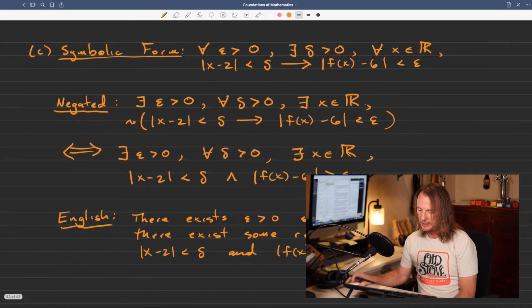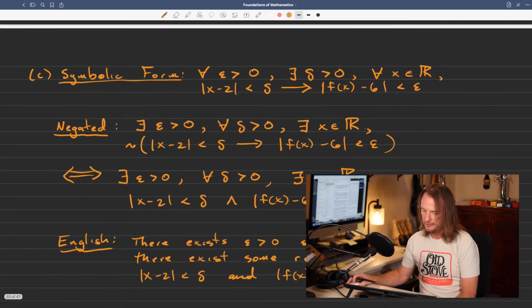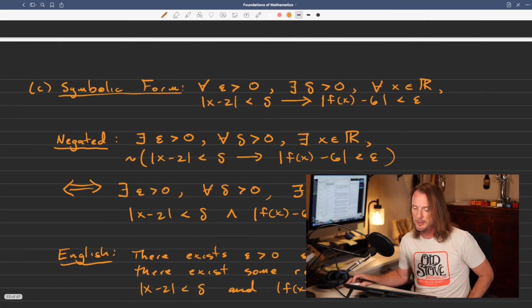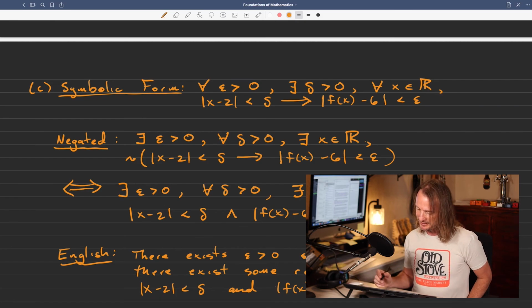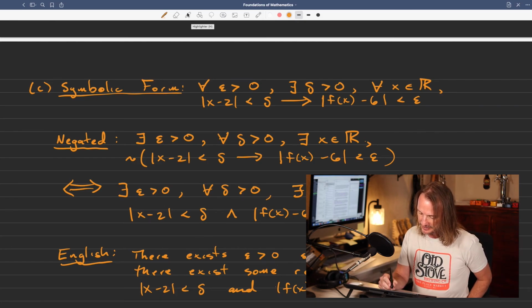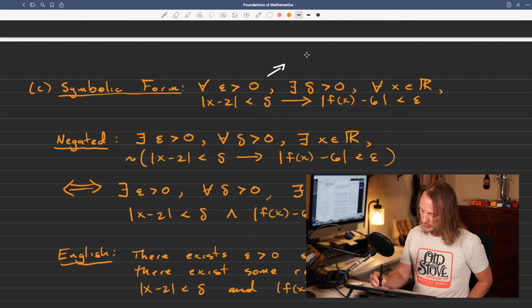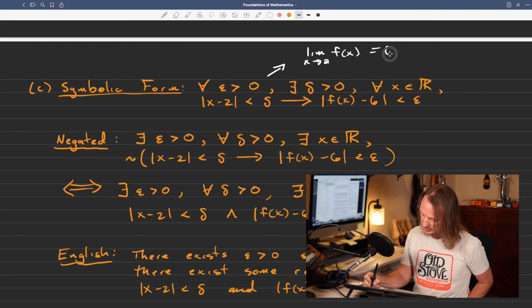Now you may be thinking that I'm just making up some silly mumbo jumbo here, but this is actually the technical definition of something that you're going to run into when you take an analysis class. In fact, the original statement is what it means to say that the limit as x approaches 2 of some function f of x is equal to 6.